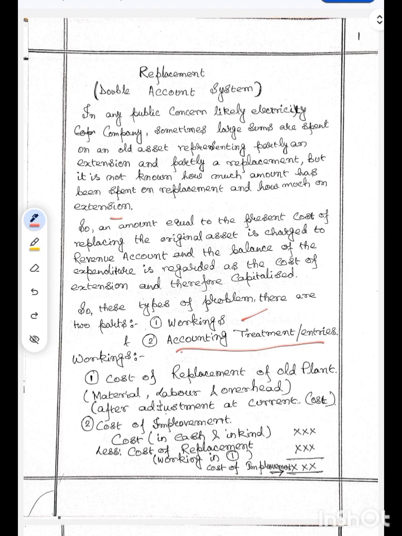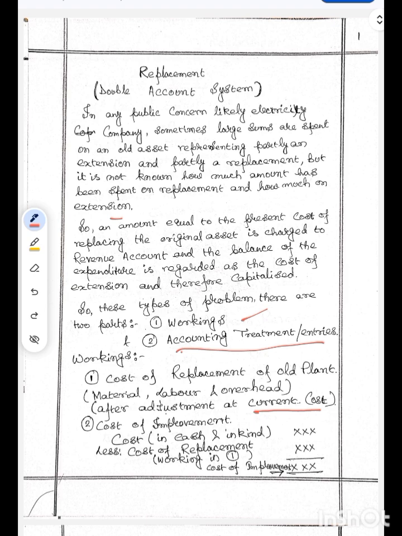First, the cost of replacement of the old plant. What is that? Material, labor and overhead. Suppose in any expenditure, as per accounts or costing, we have divided it into three parts: material, labor and overhead. That comes to our cost of replacement, after adjustment at current cost.